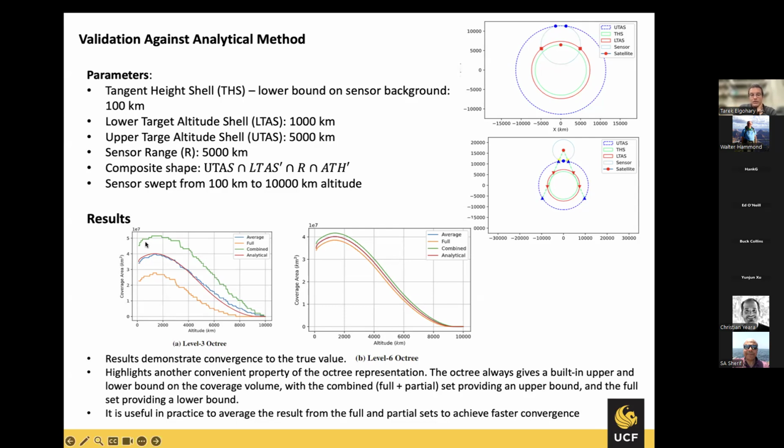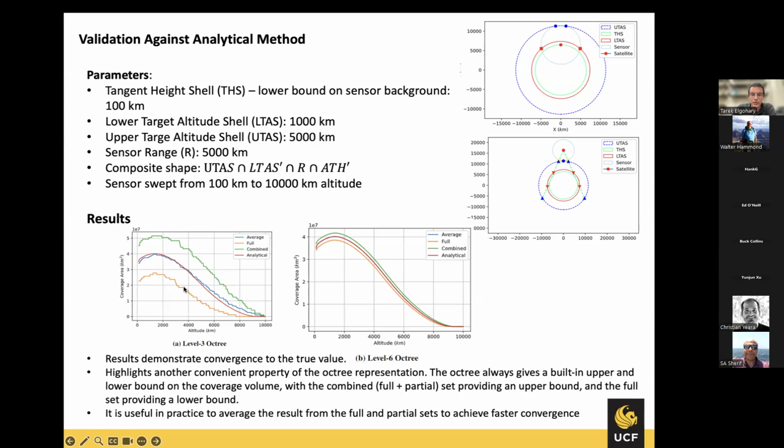What I want to show is that the solution always provides an upper and lower bound. Those upper and lower bounds shrink as you increase the fidelity. The red one is the analytical solution, and this jagged line is the octree solution. This enables you to do a very quick computation with a lower fidelity, and you're guaranteed to be within an upper and lower bound.